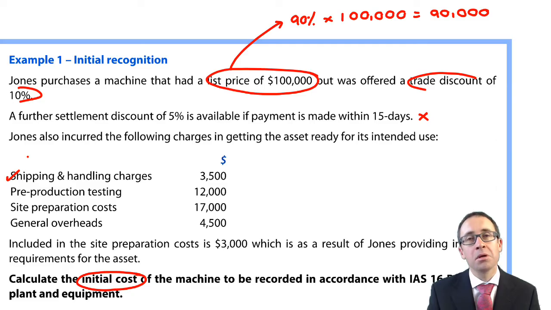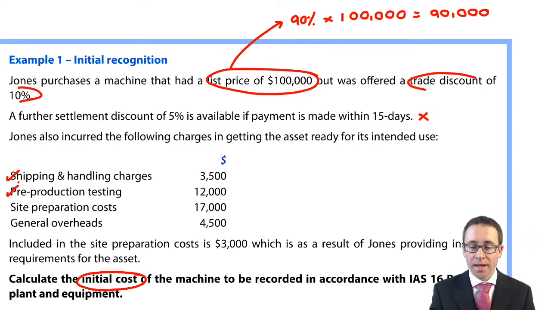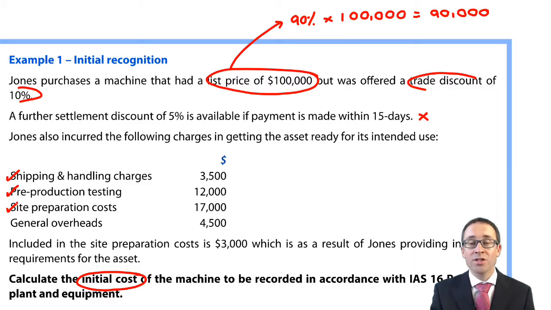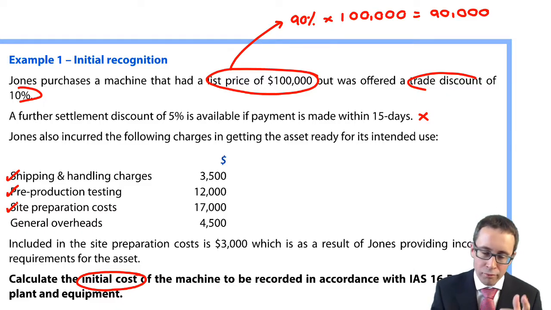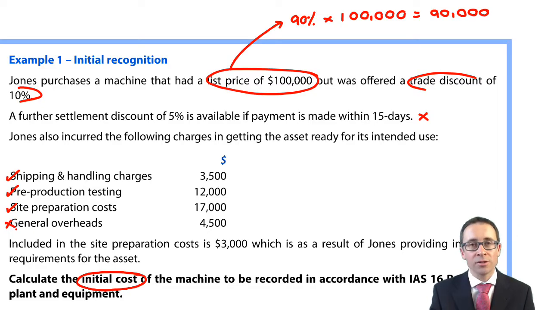Pre-production testing, could we capitalize those testing costs? Yes, because we wouldn't then know if the asset actually works. So we can capitalize those. Site preparation costs, you've capitalized the 17. General overheads? No. We're not going to capitalize those.